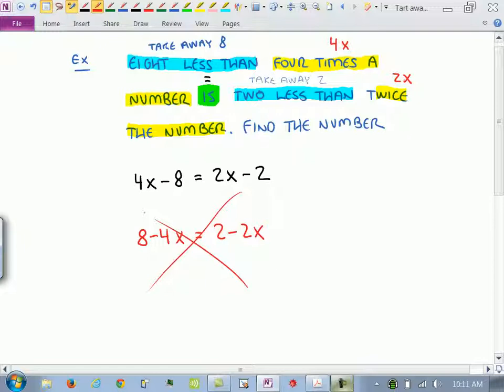I'm going to walk up here. This first one, you're taking 8 away from 4x, right? So that's 8 less than 4x. This one, you're taking what away from what? The bottom one, you're taking 4x away from 8. Totally different. So you have to resolve that in your head, the difference between those two.